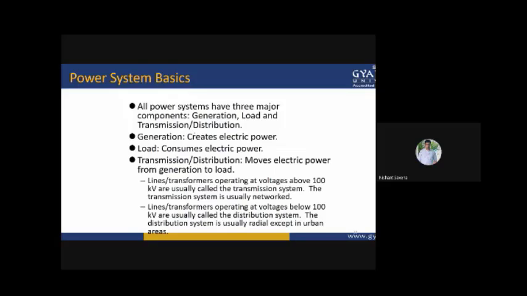The lines or transformers operating below 100 kV are called the distribution systems. And the distribution system is usually radial, except in urban areas. So the configurations are radial, mesh, and grid. All these configurations are used in transmission and distribution networks.